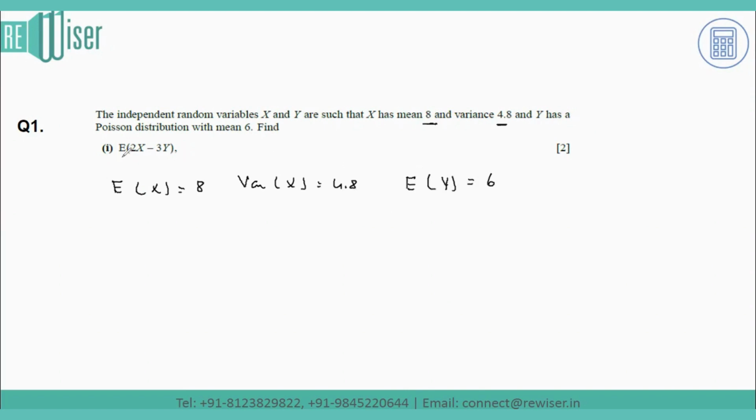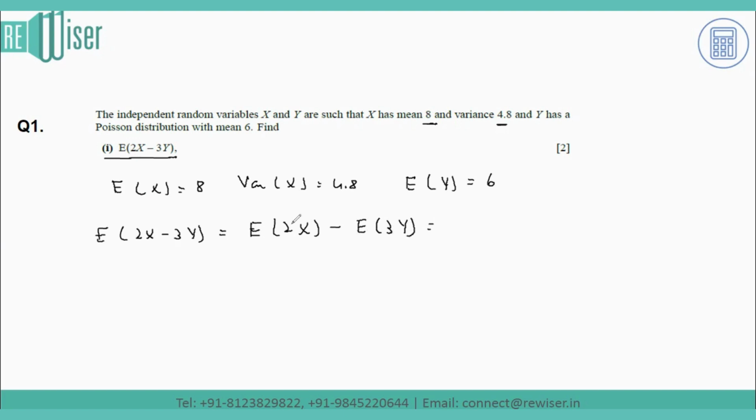So if I'm to find the expected value of 2x minus 3y, we'll write expected value of 2x minus 3y. So we can split it as expected value of 2x minus expected value of 3y.